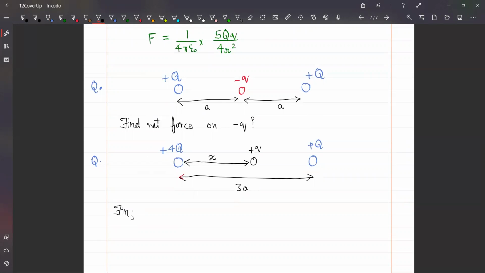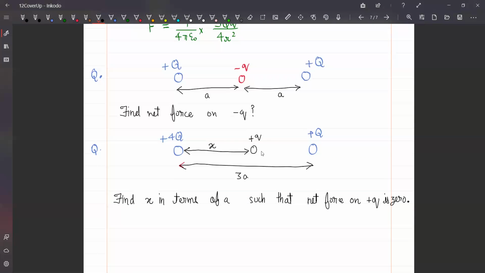So find x in terms of A such that the net force on plus Q is 0. So in this question, you have two forces, one on the left, one on the right. If this is x, then this you can write as 3A minus x. And you can equate the net force to 0 to find the value of x. Yes, sir.